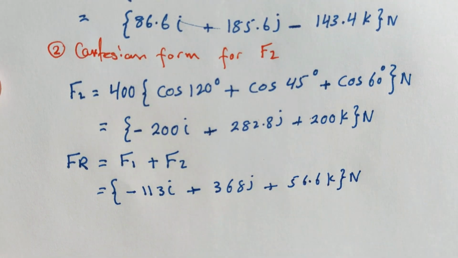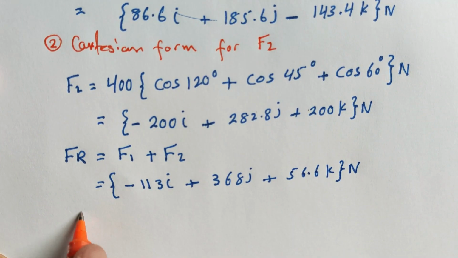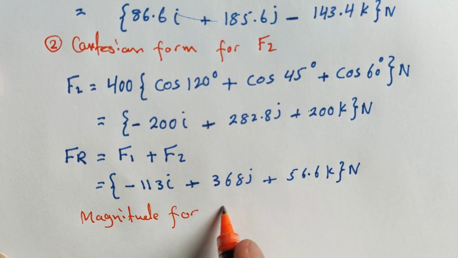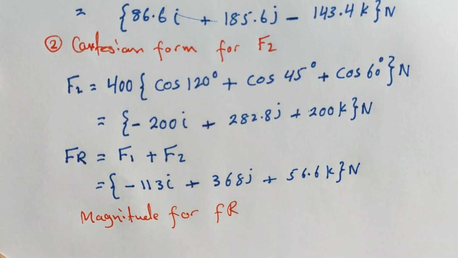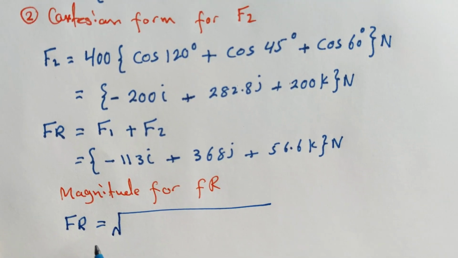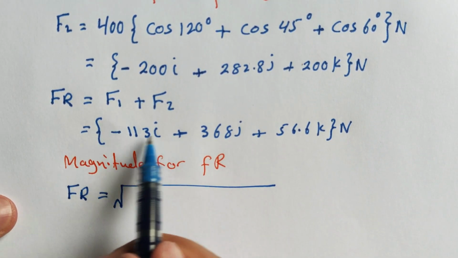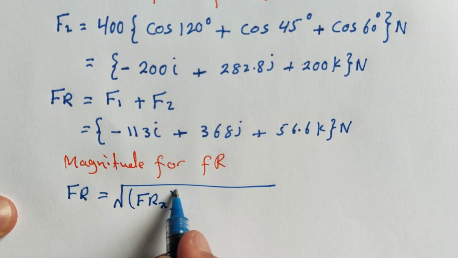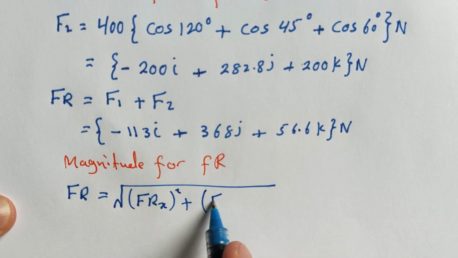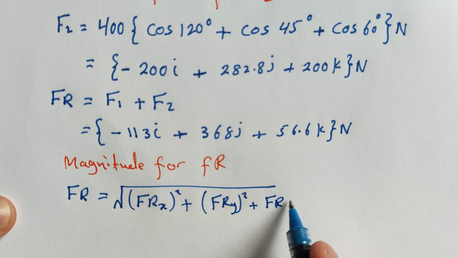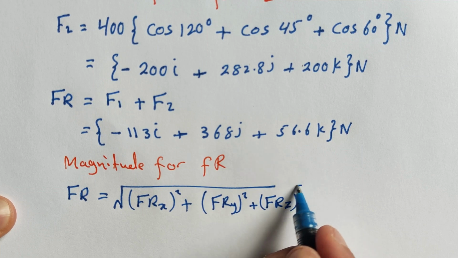To find the magnitude for FR, for the resultant force, FR is equal to the square root of FR on the x direction squared plus FR on the y direction squared plus FR, the resultant force on the z direction, again squared.